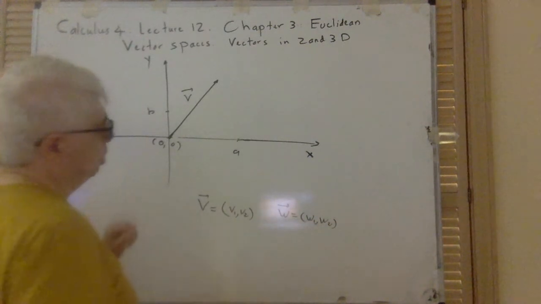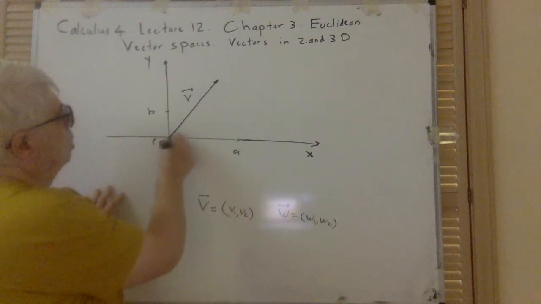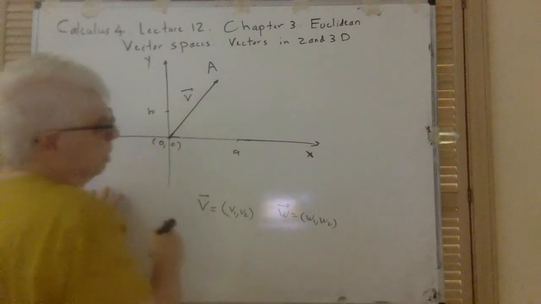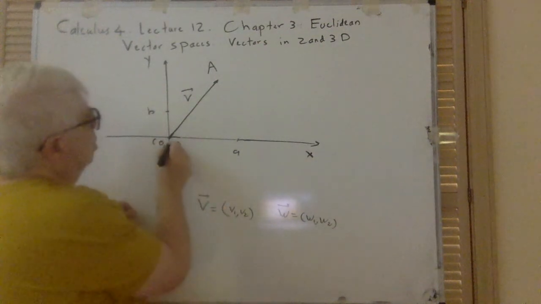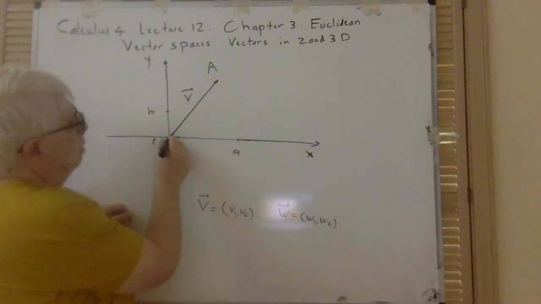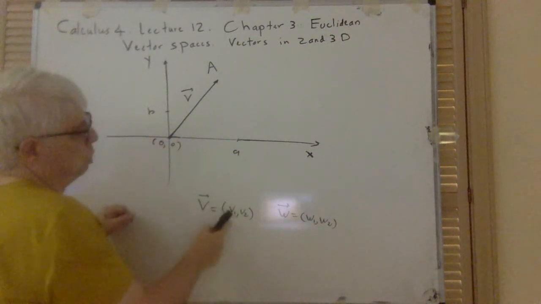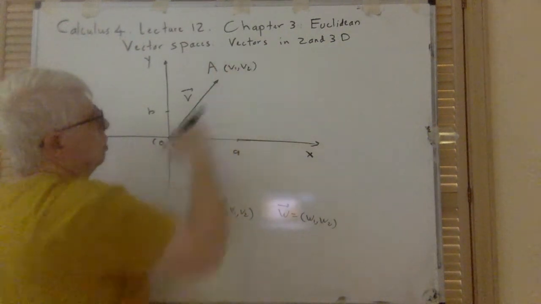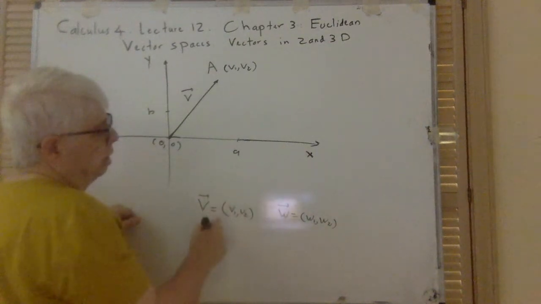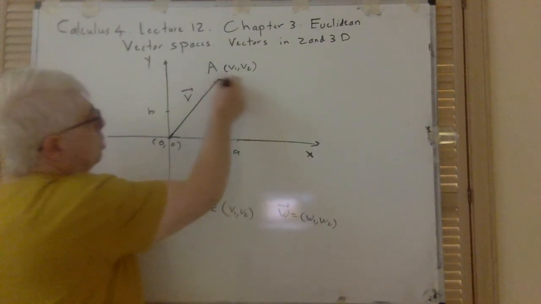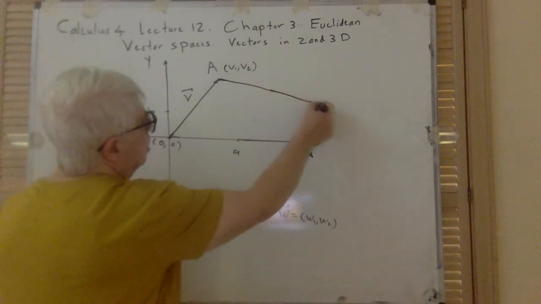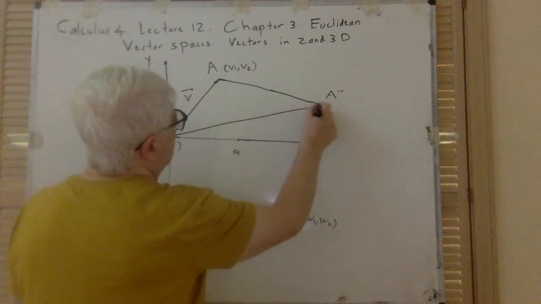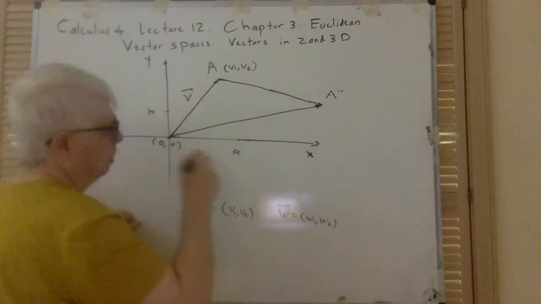Okay, so V is a translation that takes this point to this point, say A. How does it work? This V takes point (0, 0) to what point? This point is in fact (V1, V2), right? And this one translates to some other point, say A double prime.